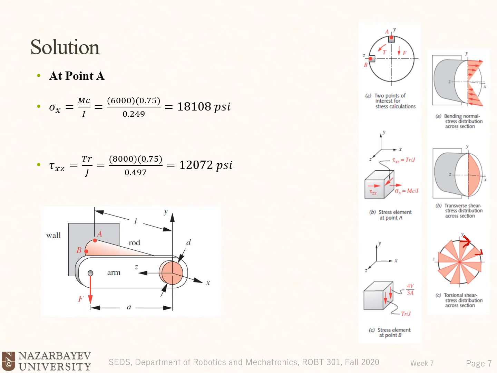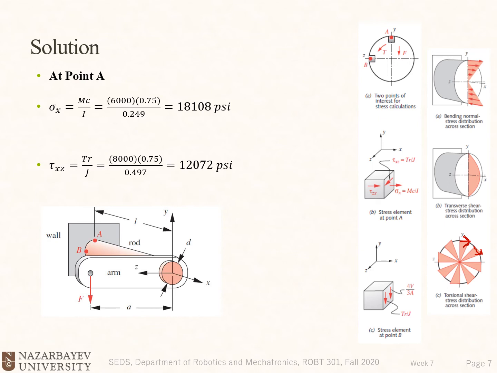At any point, basically we could see arrows that follow each other. So you see, what is the direction of the tau? It's basically in the direction of the z-axis. Okay, so this one is tau xz.